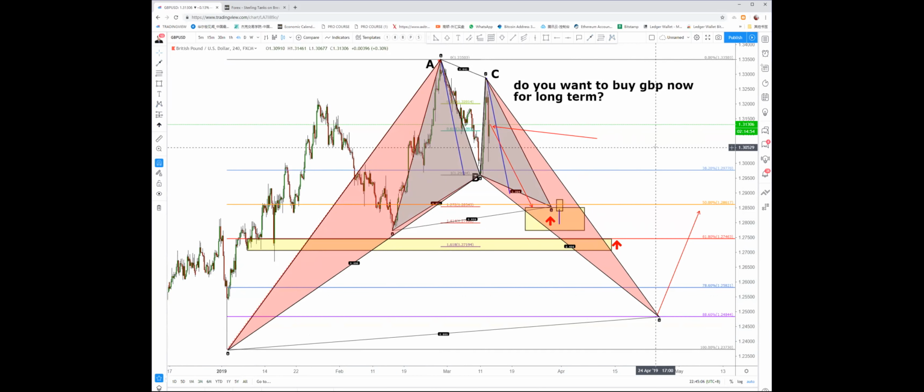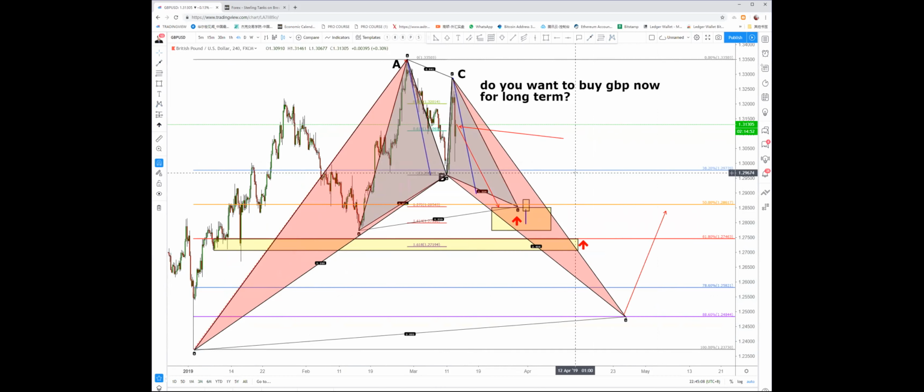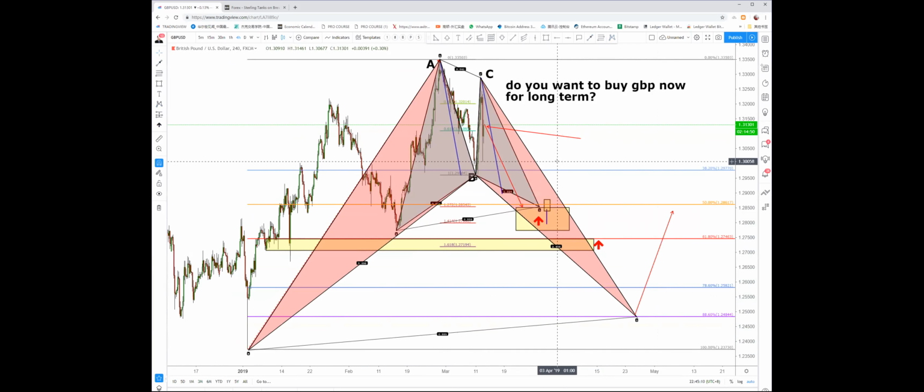Do you agree? Is this pattern valid? If you think yes, please give me 6. Thank you, Madhan. You are very fast. You typed 6 before I asked. Very good. All right, good. So we have the bat pattern telling you, wow, sterling may fall to 1.2484.